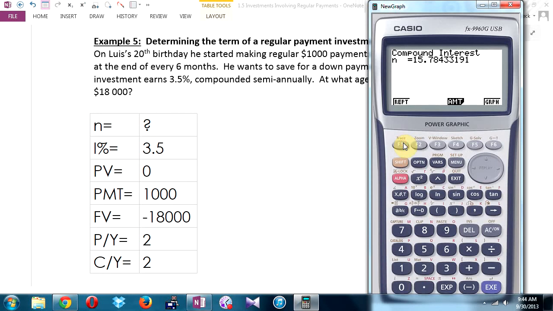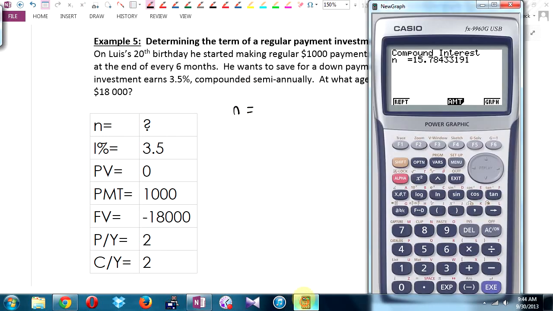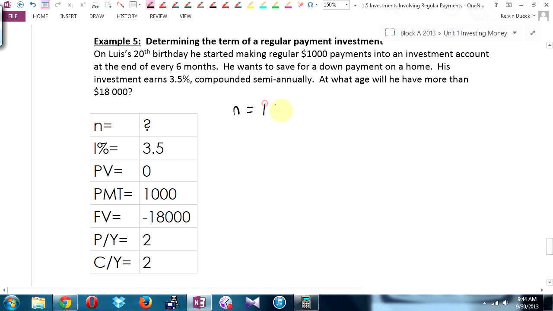Okay. Now, that's N, the number of compound periods. N equals 15.78.